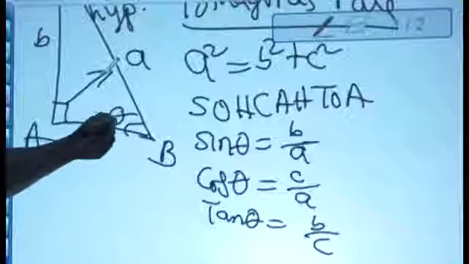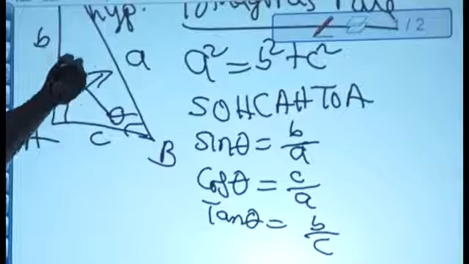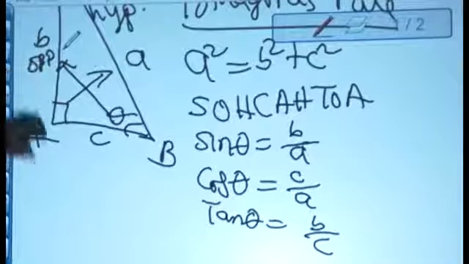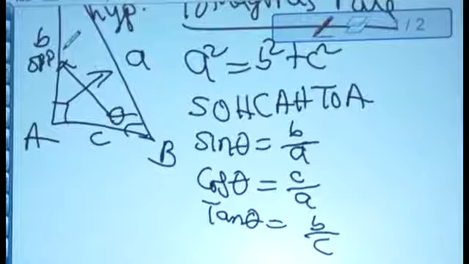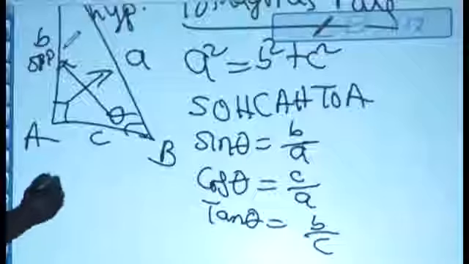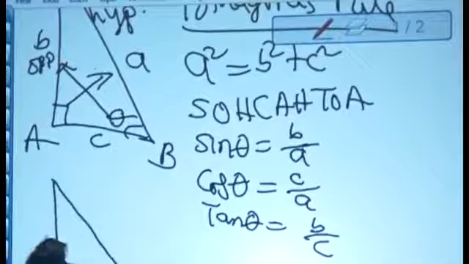Once the angle is here, this one is the opposite facing the angle given, while the other side is known as adjacent. That is the side between the right angle and the angle given. Please let me explain this.